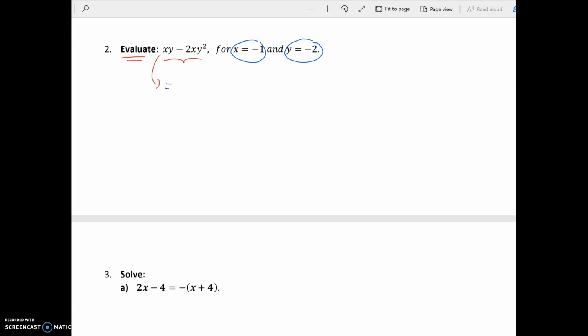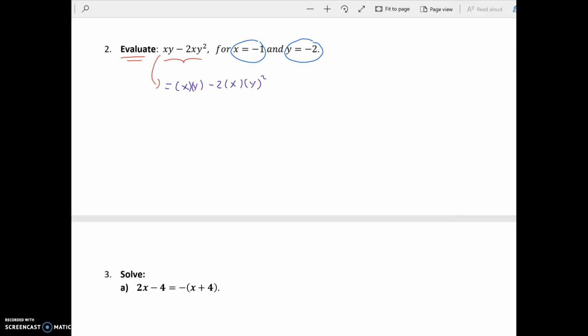So what I'm going to do first is I'm just going to rewrite the original expression, but with parentheses on all the variables. So technically you still have an x, y, and then minus a 2x, and then careful on this one because we have a y to the second.